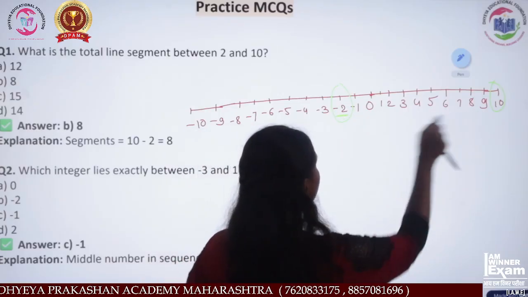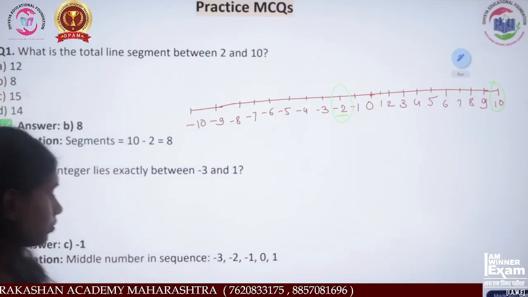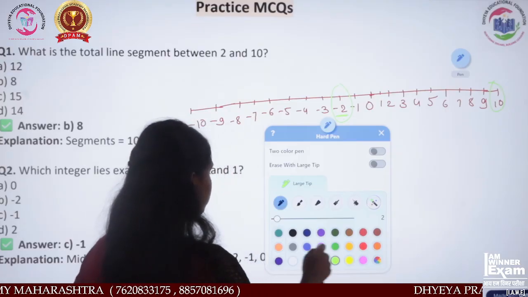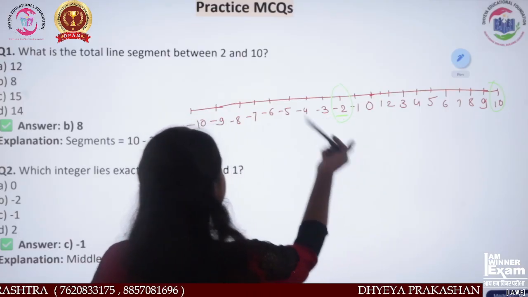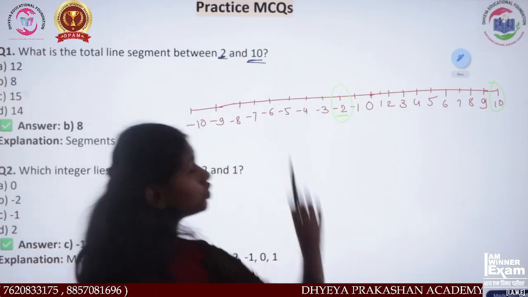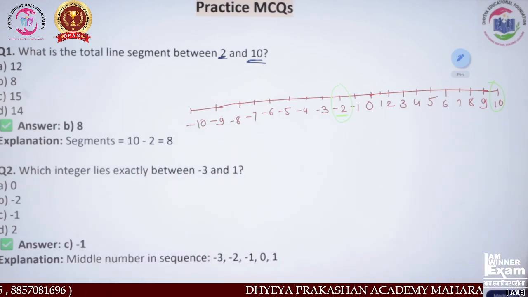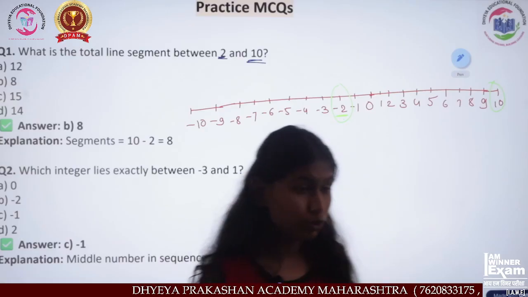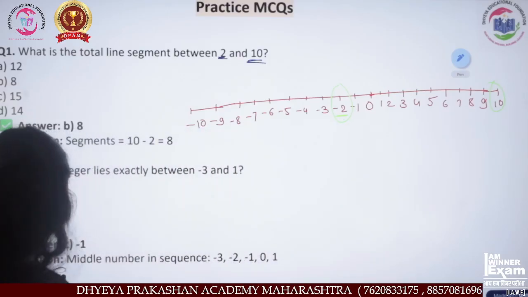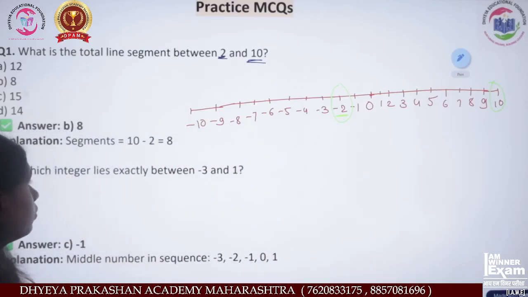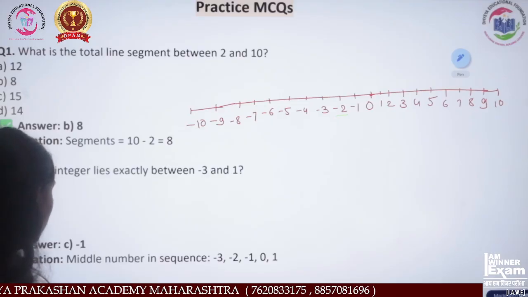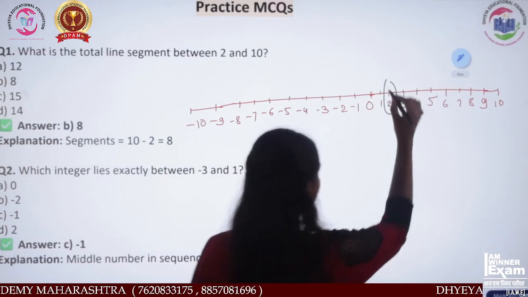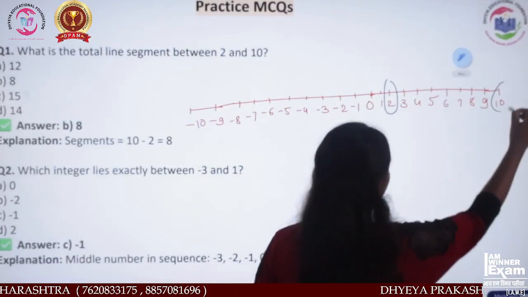But if you notice, they had given positive 2 and positive 10. But here we selected negative 2, so it will be wrong. Okay. So you have to select the positive 2 only. Where is positive 2? Here. And where is 10? It is here.